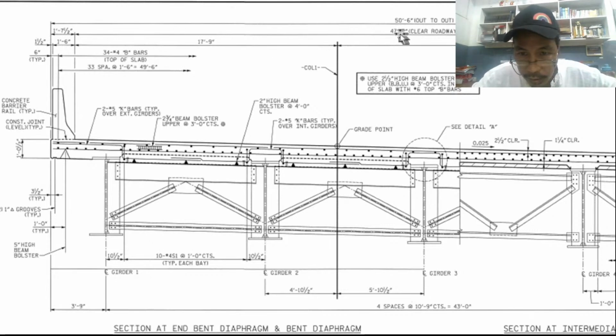So next we have the clear roadway. How much is the clear roadway? This is 47 feet and 3 inches. So clear roadway, that is starting from the end of the parapet, the end of the concrete barrier to the opposite concrete barrier, okay?